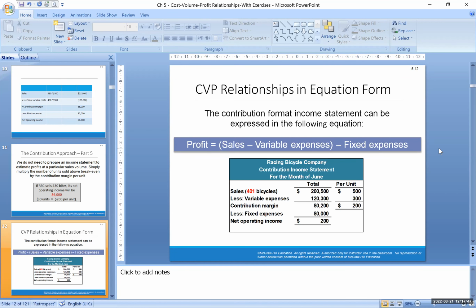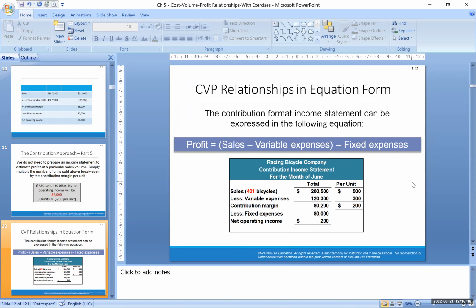Okay, the contribution format income statement can be expressed in the following equation. Profit is equal to sales minus total variable cost minus fixed costs.